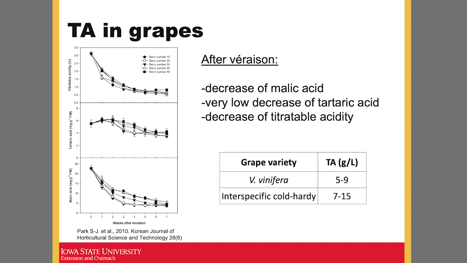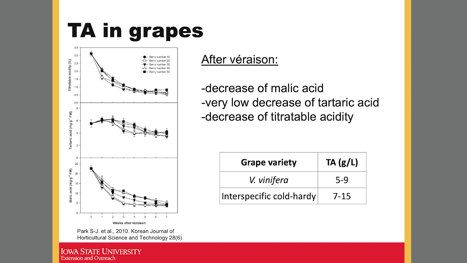Just to give you an idea of how titratable acidity is different, you can see that you have a higher titratable acidity in those varieties. That range is more between 7 to 15 grams per liter. That's really because we have much more malic acid in those varieties. It is not degraded that much compared to Vitis vinifera varieties.